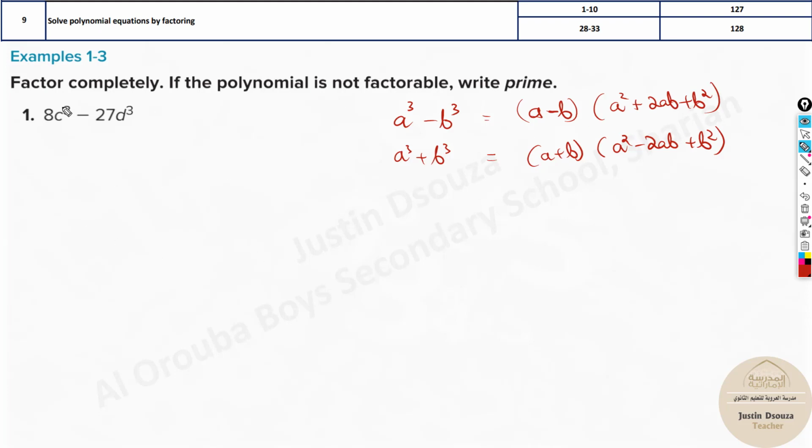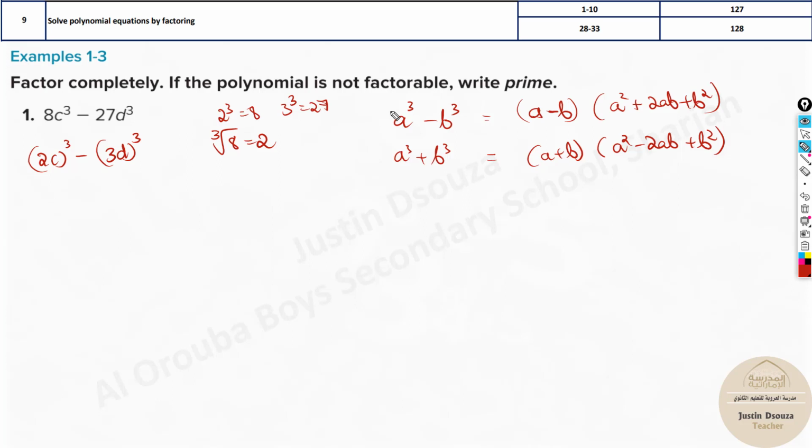Now, how to get this into a whole cube? We know that 8 can be written as 2 cube. You can just use your calculator, use the cube root option and press 8, your answer is 2. So this can be written as 2c the whole cube minus 3d the whole cube. Why? 3 cube is 27 and 2 cube is 8.